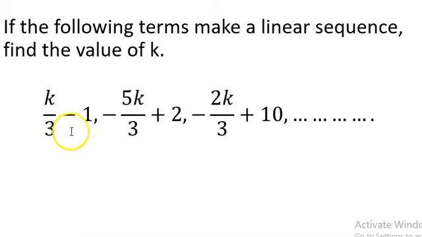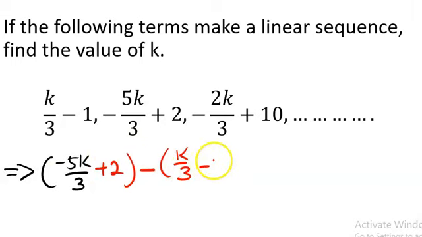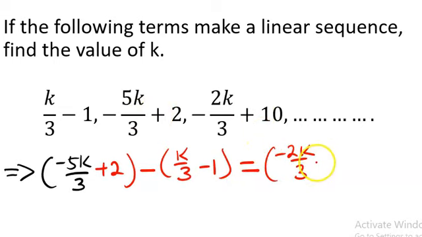So we take the difference between these two consecutive terms and then equate them. This implies that minus 5k over 3 plus 2 minus (k over 3 minus 1) must be equal to this minus that: minus 2k over 3 plus 10 minus (minus 5k over 3 plus 2).